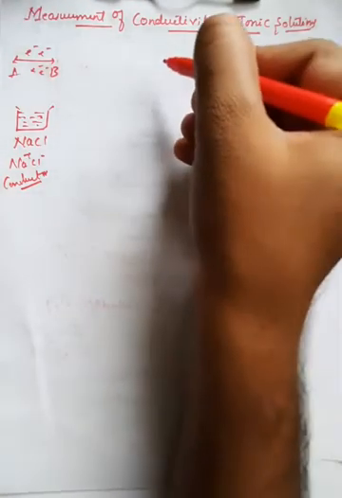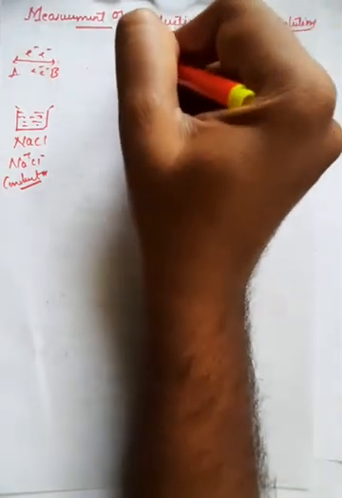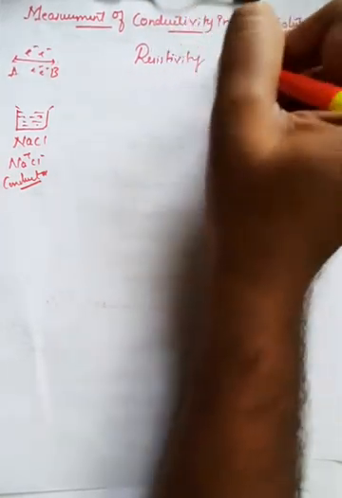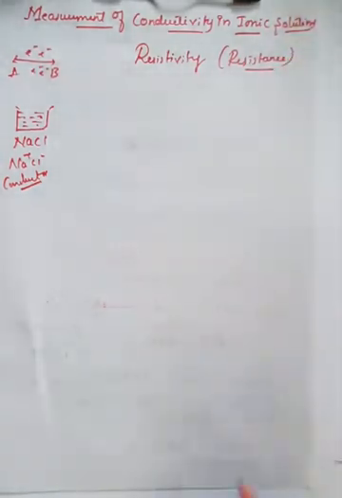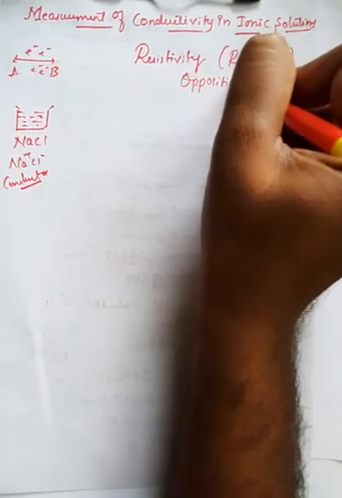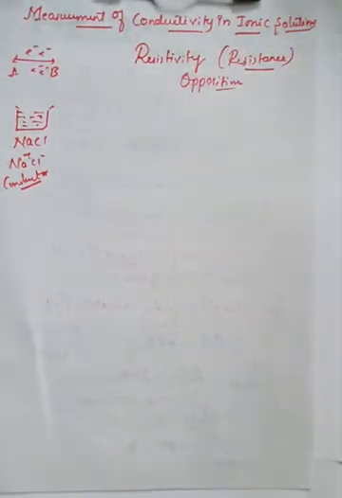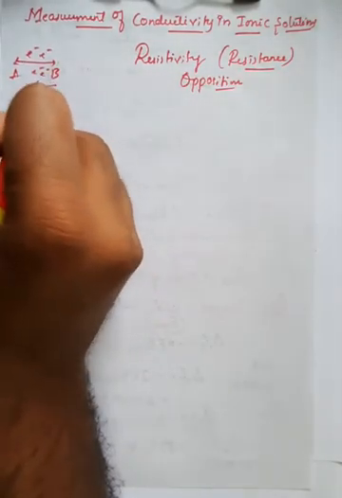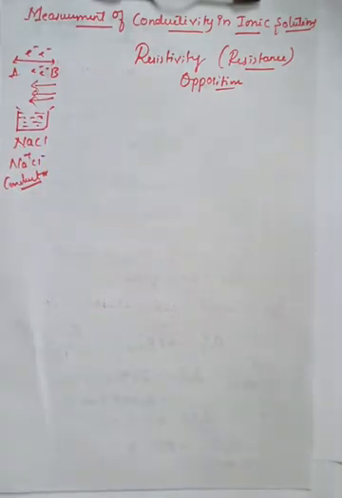We have already come across one important term, that is resistivity, or we can call it resistance. Resistance is nothing but the opposition force. Whenever electrons are transferring and there is an opposition force, or a force in the reverse direction, we call it resistivity.